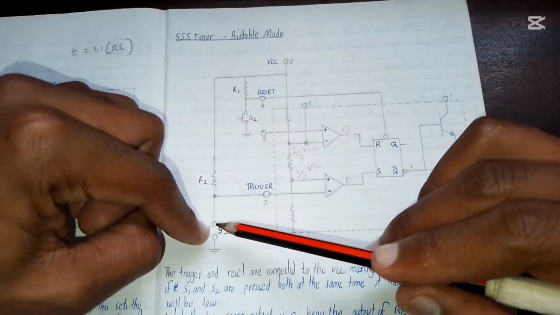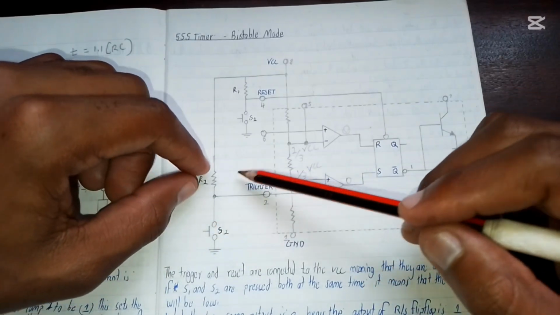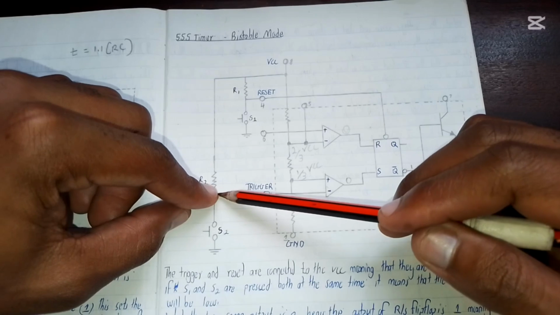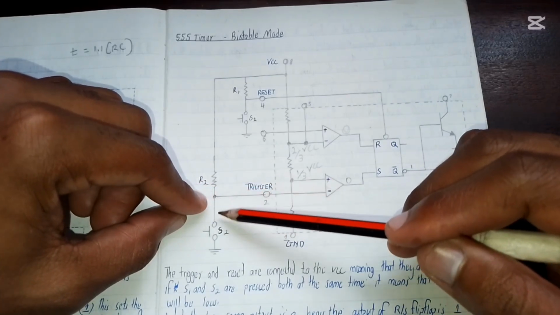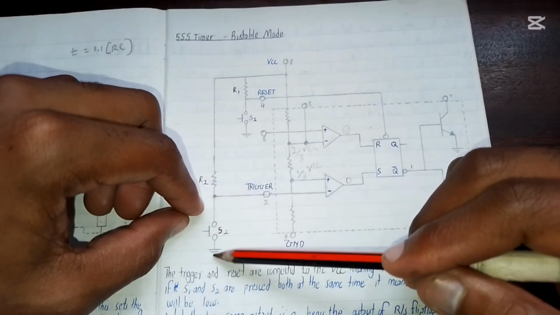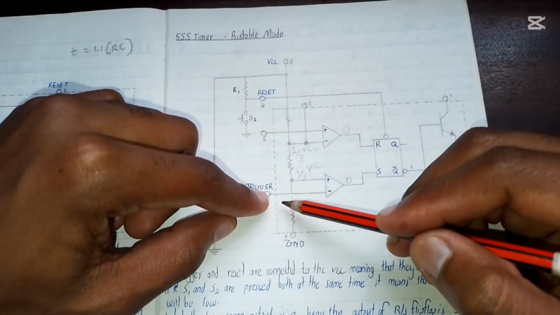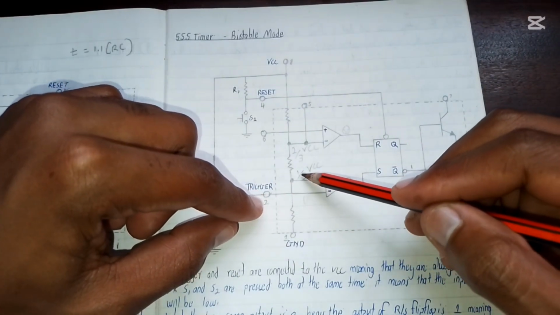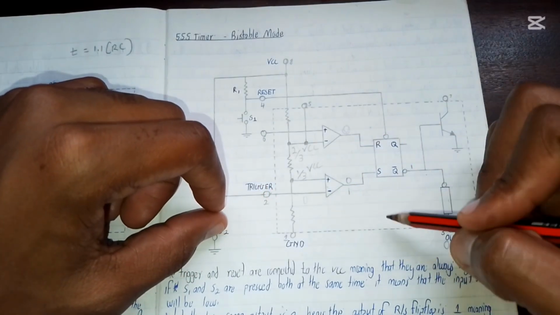In the next step, once you push this push button switch, current will come and choose the shortest path possible. It won't go to the trigger pin, it's going to go to ground straight because that's the shortest path for it. Once it goes to ground, pin number 2 will be low. Since pin number 2 is low, 0, and it's lower than a third of VCC, this comparator will be giving a 1 output.